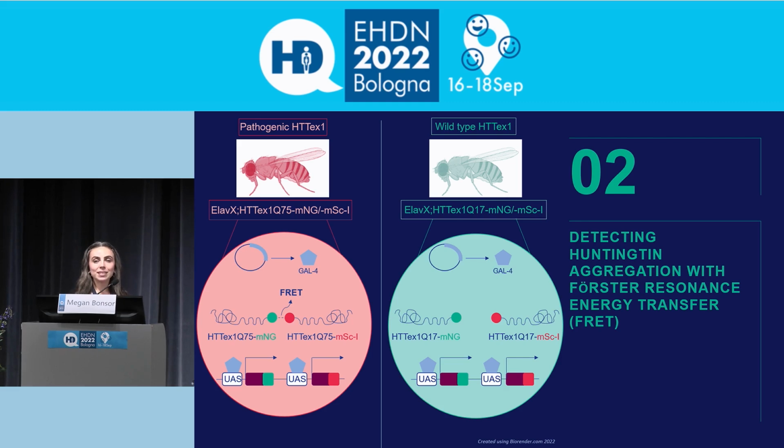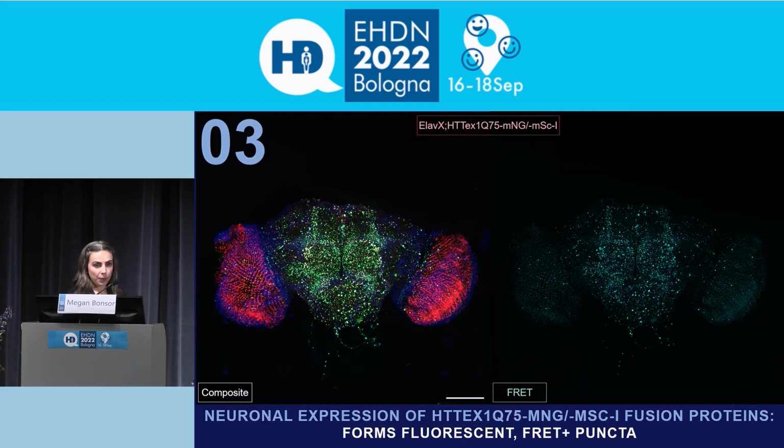And our first step in making sure that this model was sound was first to look at, well, are our fusion proteins aggregating? And secondly, can we detect these aggregates using FRET like we hope we can? And our first step in doing this was to approach it from a confocal microscopy point of view.